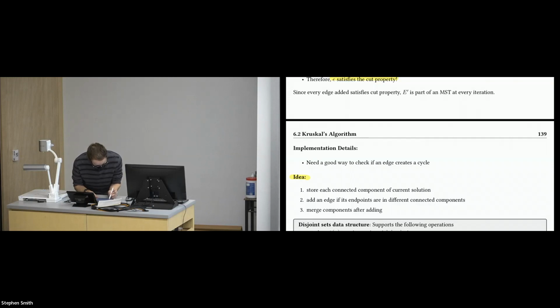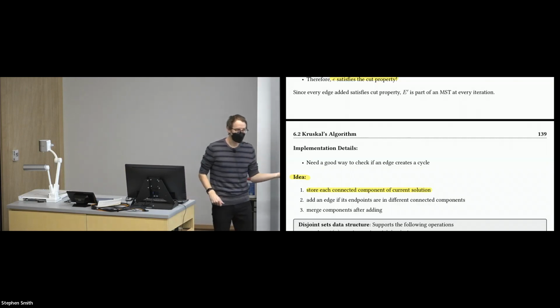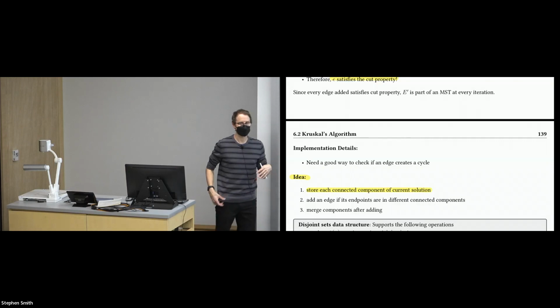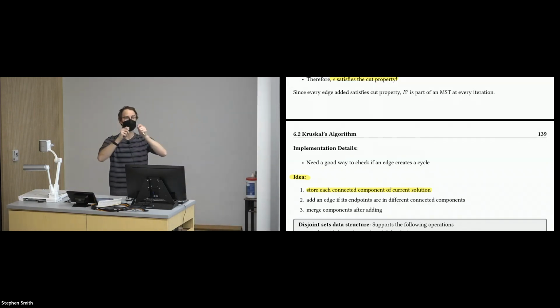And then when I go to add an edge, I look up what connected component U is in and what connected component V is in. If they're in the same connected component, I can't add it because it would create a cycle. If they're not, then I can add it. And if I add it, I then merge those two connected components together because now they've become one.